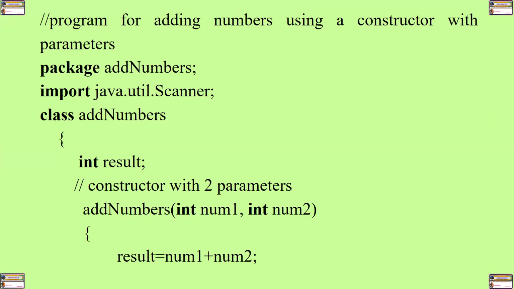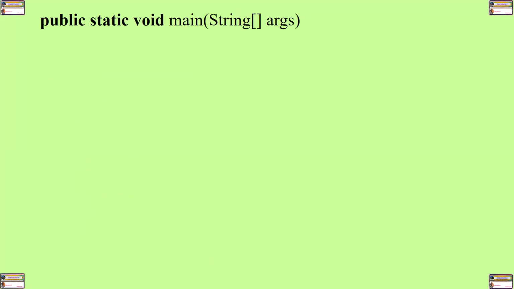And then what this constructor is doing is to add the two values received, and the result is assigned in the data member called result. And that's what that constructor is doing.